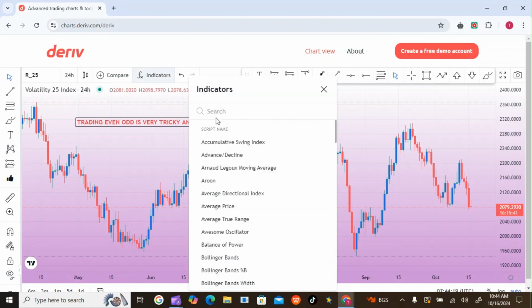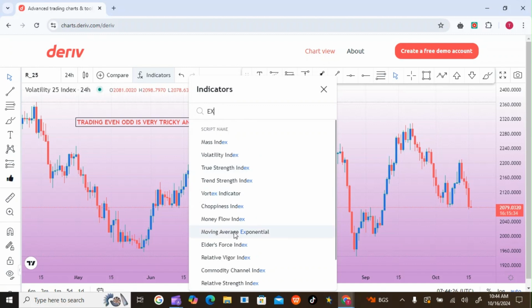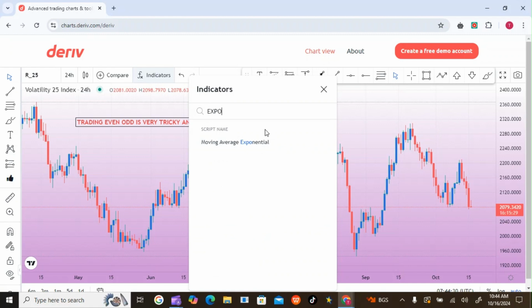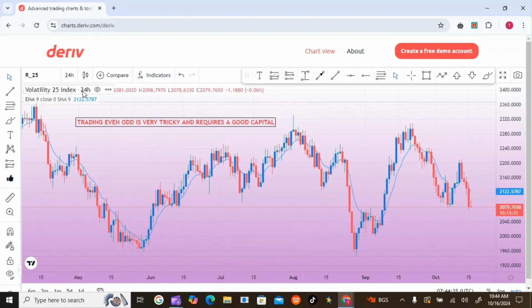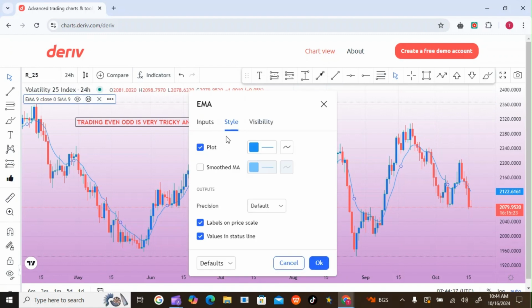So you come to your exponential moving average, that is the indicator I want you to put. This is what I want us to be using for our trading analysis.